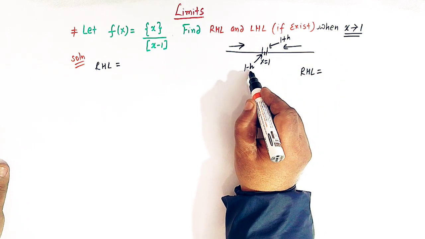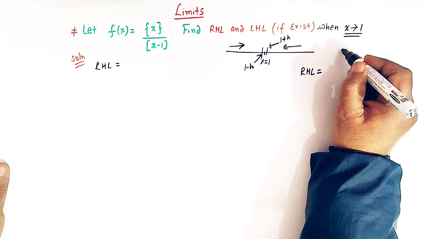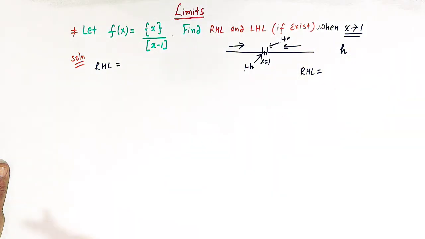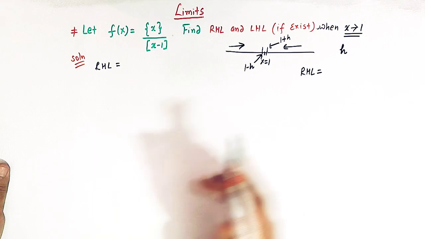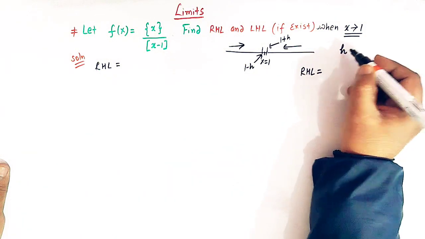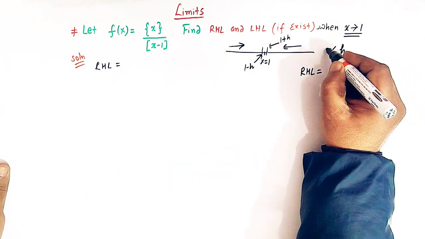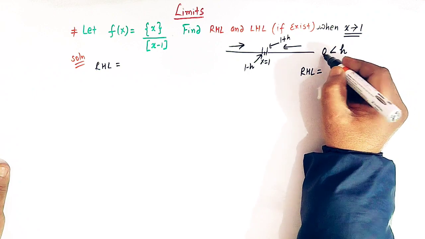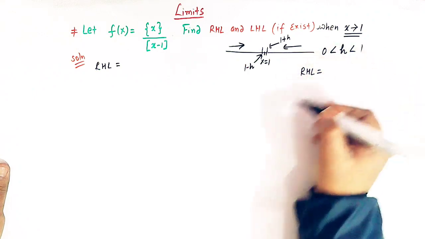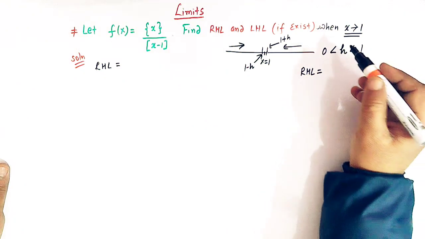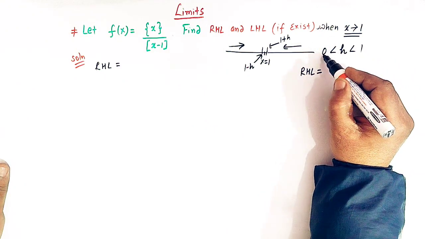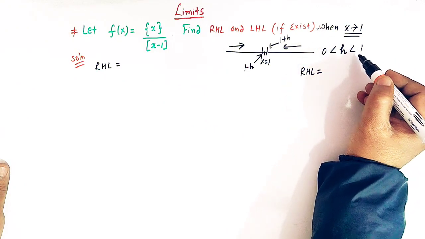Here h is infinitesimally small. It is almost equal to 0 but not equal to 0. It is a positive quantity, so h is greater than 0 but less than 1, and it lies between 0 and 1.